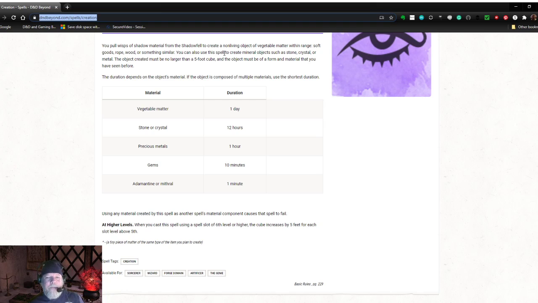All right. But you could, for instance, if you're stuck at the bottom of a 100-foot deep well, and there's a friendly person up at the top, but that friendly person doesn't have any rope, and you don't have any rope, you could, well, with the exception of then trying to figure out how to throw the rope up 100 feet, spend a minute and use this spell to create a rope that would be long enough.